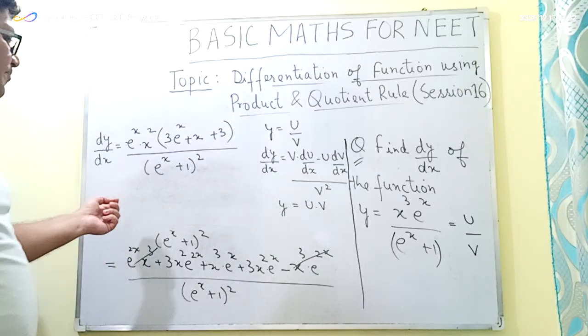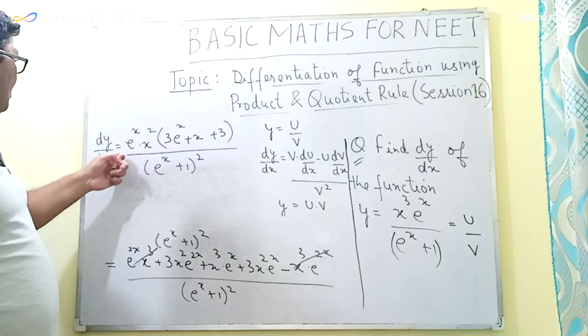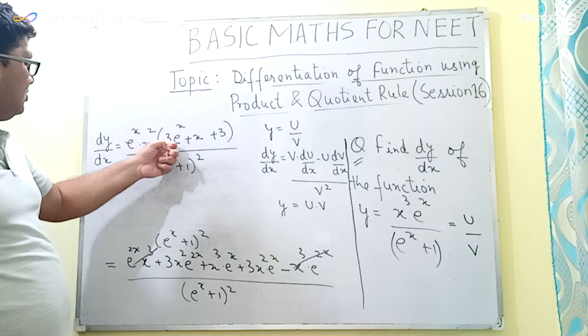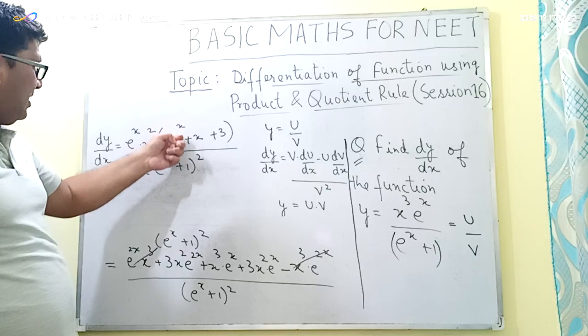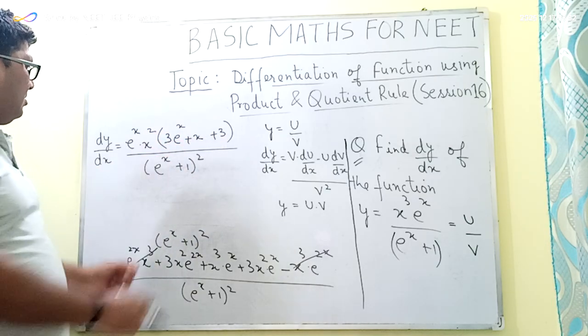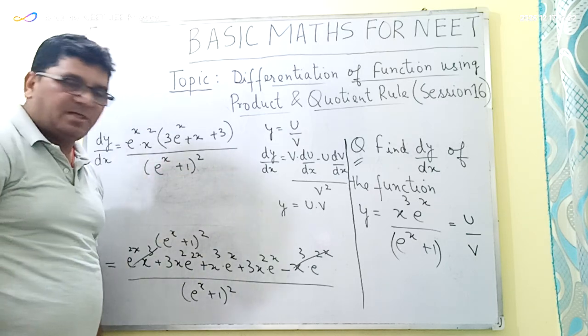So the dy by dx of this function is equal to e to the power x into x square, in bracket 3 into e to the power x plus 3, divided by e to the power x plus 1 whole square.